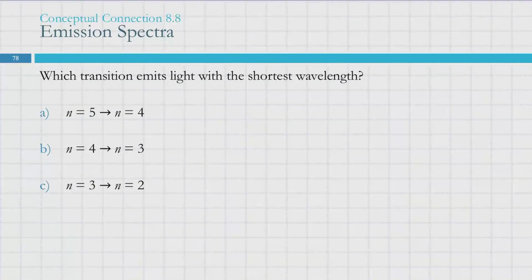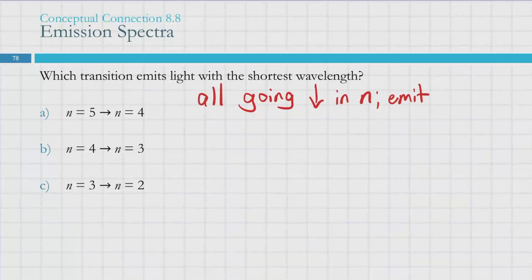Okay, which of these transitions is going to emit light with the shortest wavelength? All right, what do we notice about all of these transitions? They're going down, which means that they would be emitting light, because they're decreasing in energy, so that energy has to go somewhere and it's emitted as light.